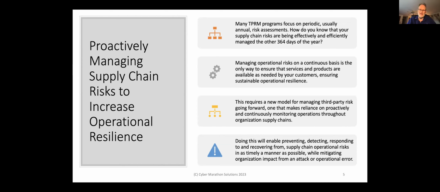What's even less well recognized is that often that compromise at the third party started at one of their subcontractors, one of their fourth or fifth parties, as we call them, so that understanding the controls and the processes that our third parties use and their oversight of their subcontractors and their clear disclosure to you that they're using subcontractors, particularly to deliver critical services, becomes a key component for managing operational risk and ensuring resilience.